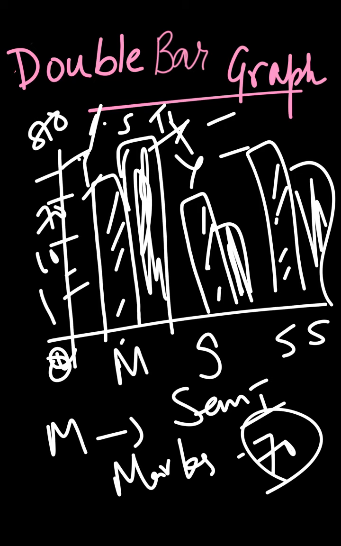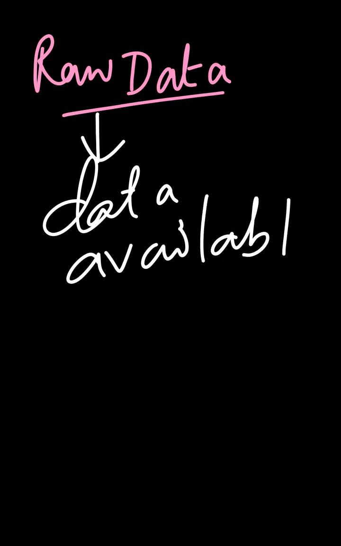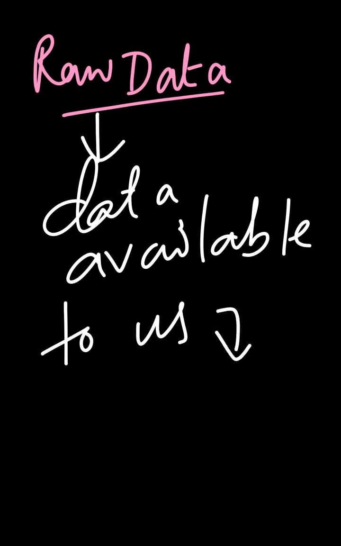Now let's look at the next part. We need to organize data also. Usually the data available to us, whatever data is available to us, is called raw data. That too, it is unorganized.